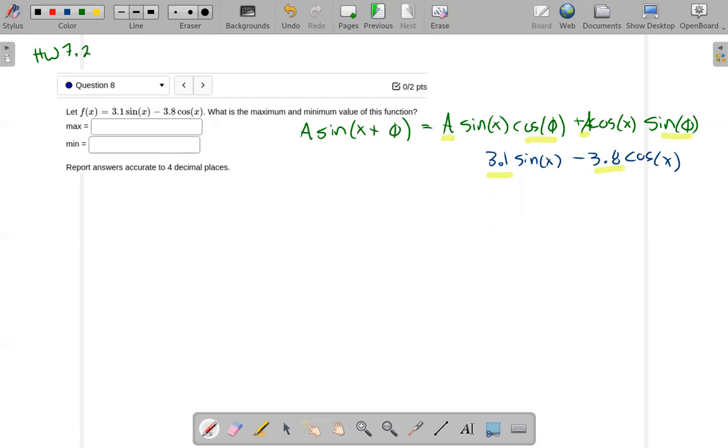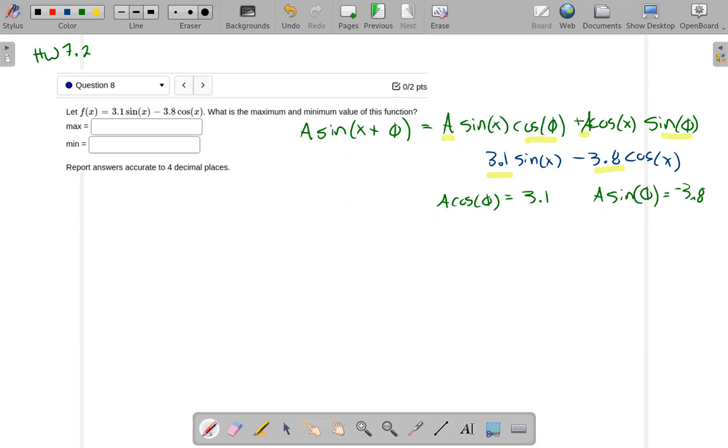So when we put that together, we get a cosine of phi has to be the 3.1, so we have the sine of x matching there. And then we also get a sine of phi has to be negative 3.8.